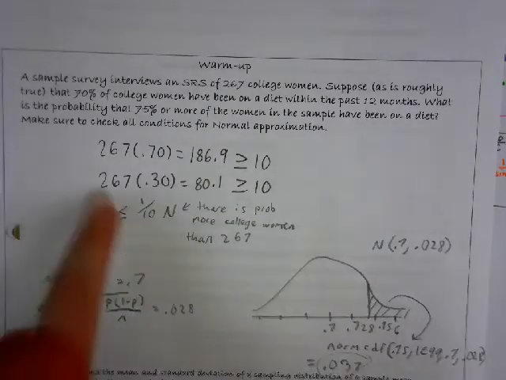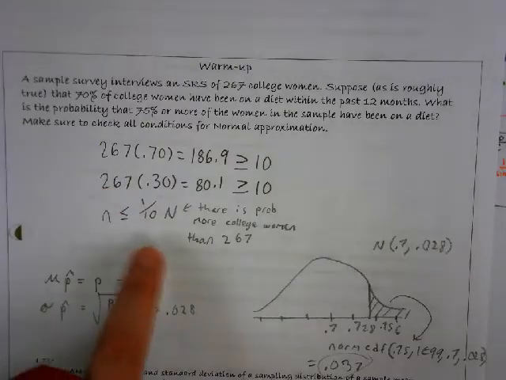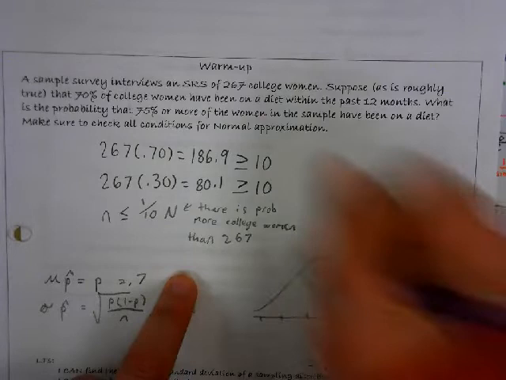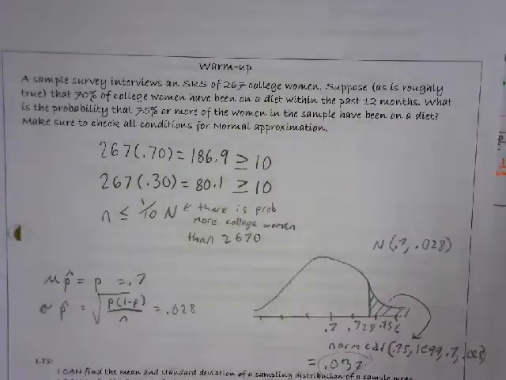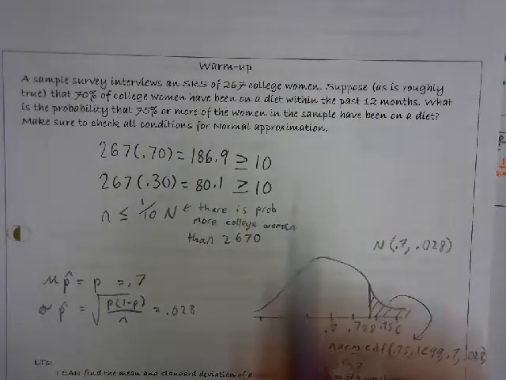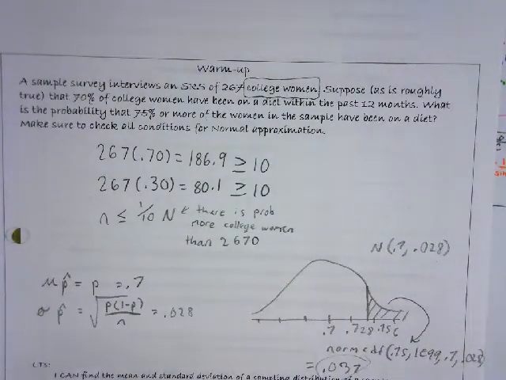Our sample size is 267, so if we multiply both sides by 10, our population has to be at least 2670, and there's got to be more than 2,670 college women. U of O has more ladies in college than that right there.